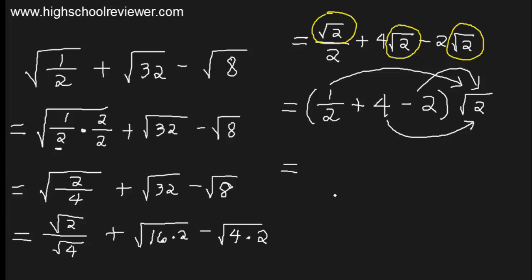This will give us 2 and 1/2 square root of 2. Or we will have here 2 times 2, that is 4, plus 1, this will be 5/2 times square root of 2. So 5/2 square root of 2 is our final answer.